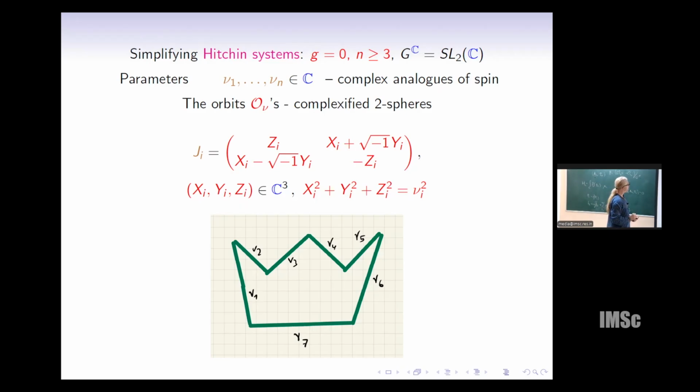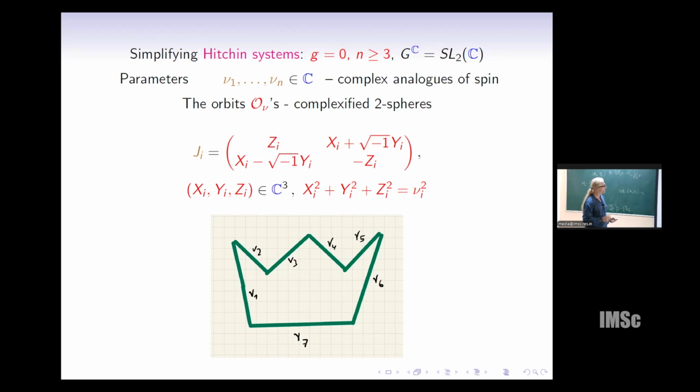Now, when I say that this is an orbit, when I say that I fix the conjugacy class of such a matrix, it means that I'm fixing its eigenvalues. And so the trace is 0, so the eigenvalues we can compute from the determinant. Why is this parameterization x, y, z convenient?